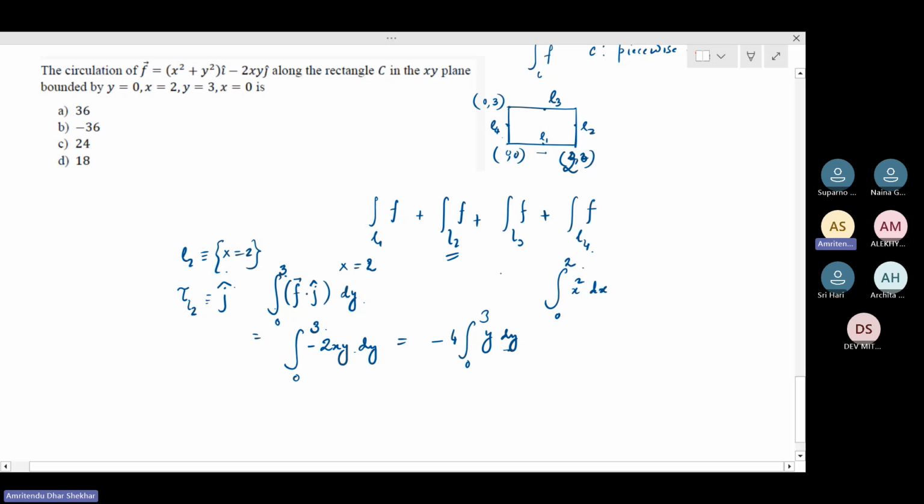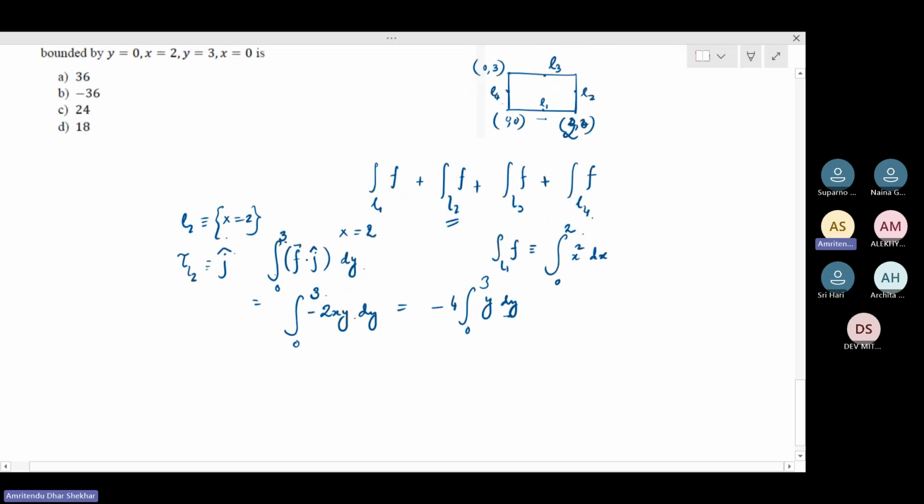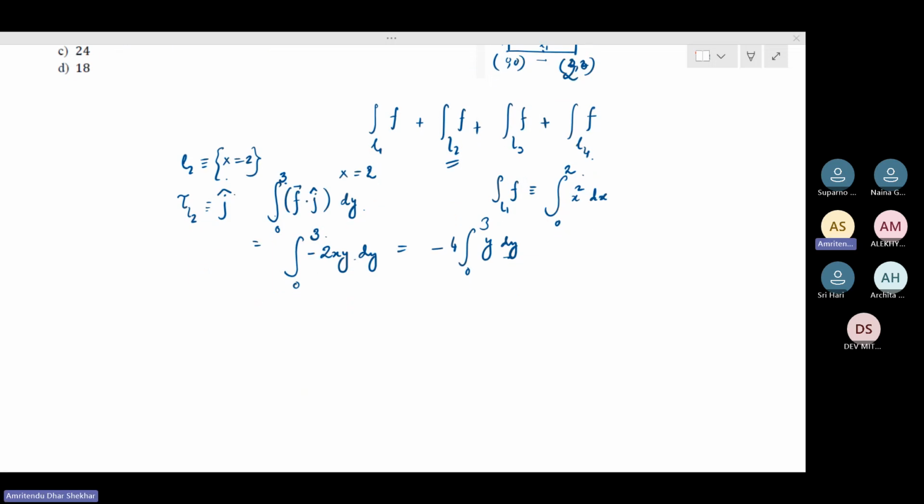So this is the integral over L1. And similarly over L3 you can do. And L4 is going to be 0 because L4 is along the y-axis, but x is 0 over here. So L4 would be 0. Okay, so you can do this integral. I hope you got how to do this.